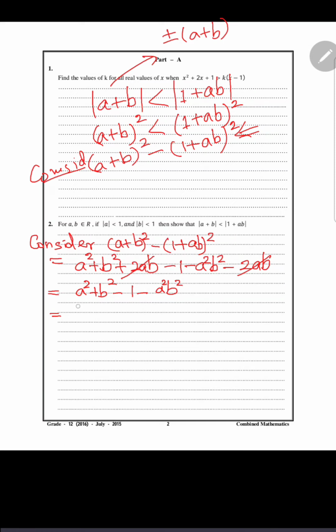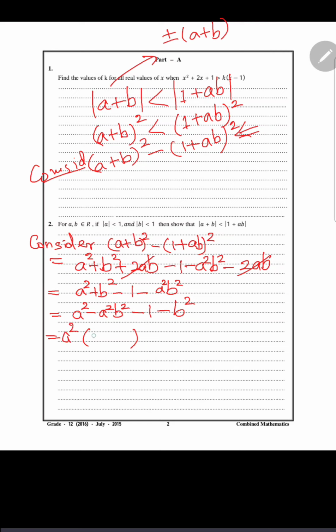Now consider a squared minus a squared b squared separately, and minus 1 plus b squared separately, and factorize. There is a common factor for the first two terms, that is a squared.